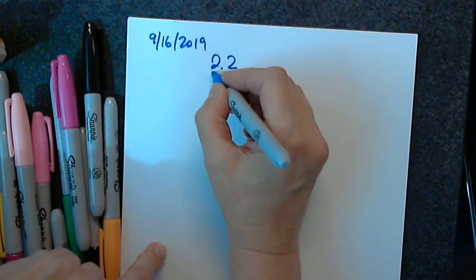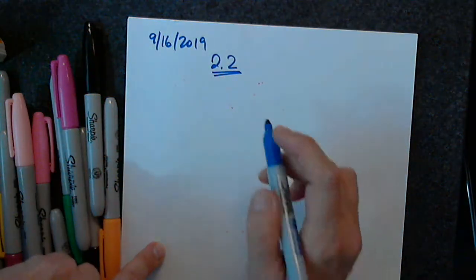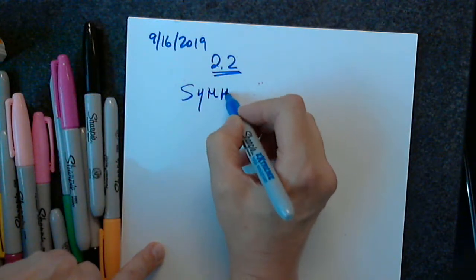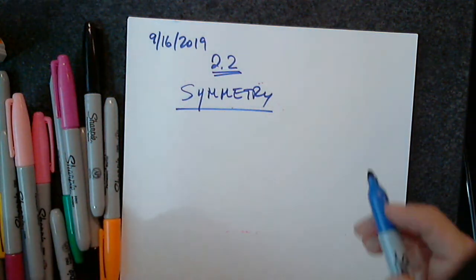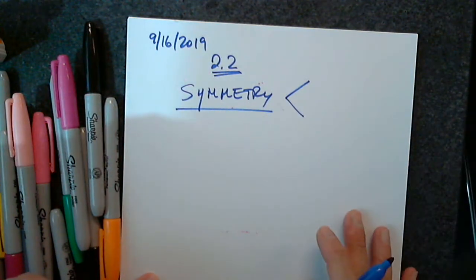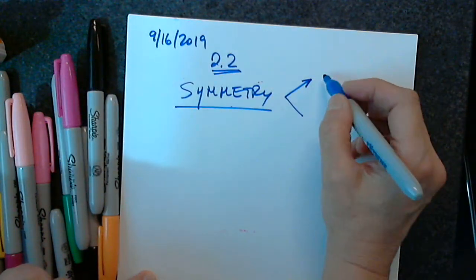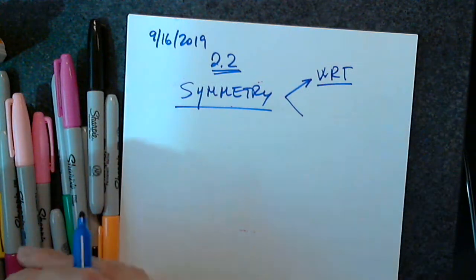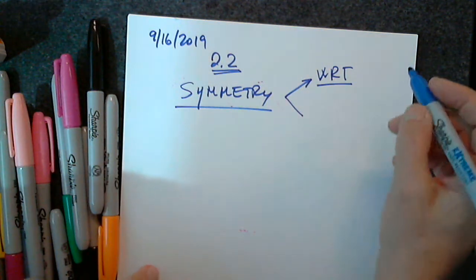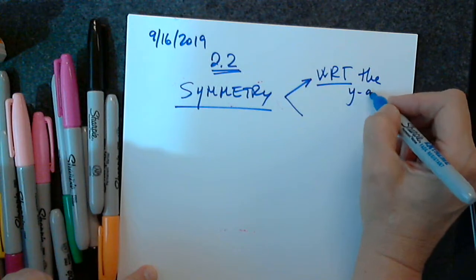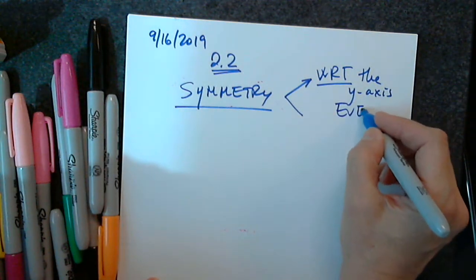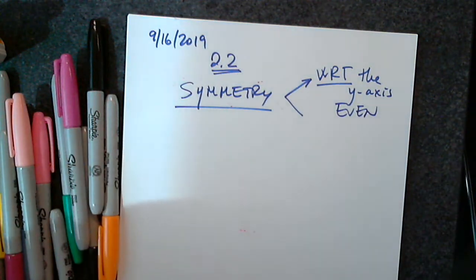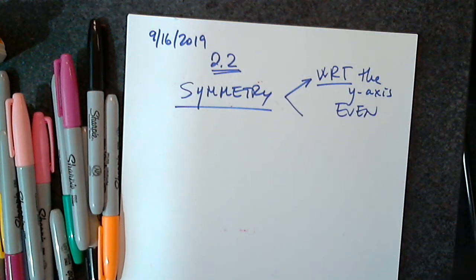So we are still in 2.2. We're talking about symmetry. A function can be symmetric. And if it is symmetric with respect to, WRT, I'm lazy, the y-axis, we call this function even.